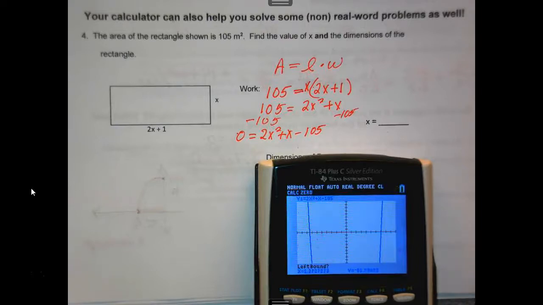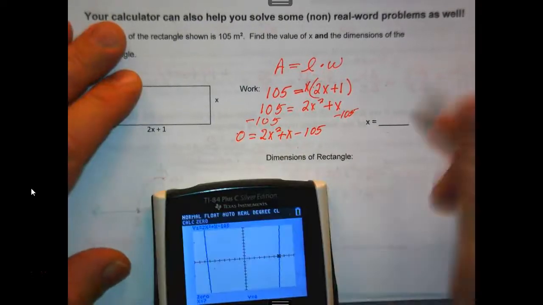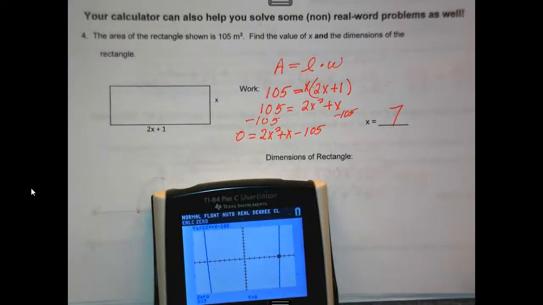It's got to be out here somewhere between 1, 2, 3, 4, 5, 6. I'm going to bring my x to 6 so I can see my cursor. 5, 6. There it is. I'm going to hit enter. Go to the right bound, which means going over the line. Hit enter and enter again. And I get 7. Easy peasy, right?